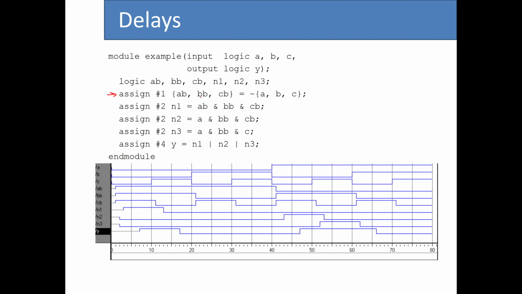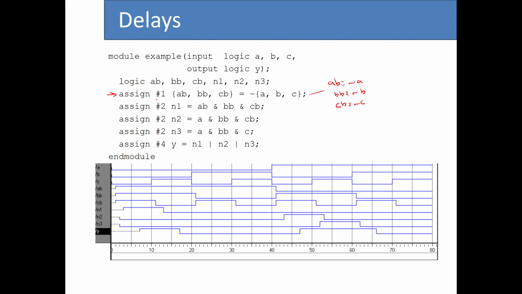We have AB, BB, and CB all inside these curly braces, and this equals tilde of curly braces A, B, C. So this tells SystemVerilog that AB is tilde A, BB is tilde B, and CB is tilde C. So instead of writing this 3 times, we can just simply do it like that, and SystemVerilog understands it.